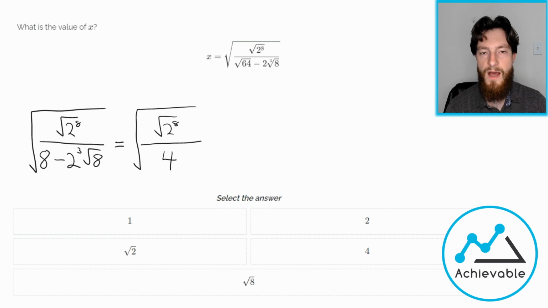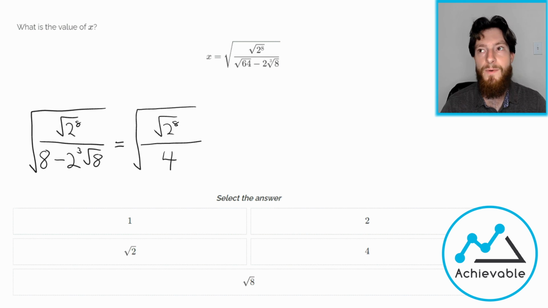The square root of anything to an even power is just half of the power, which is to say that the square root of 2 to the 8th power is just 2 to the 4th power. Well, there's two reasons for that.